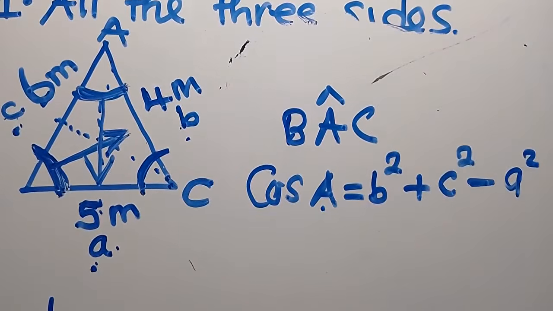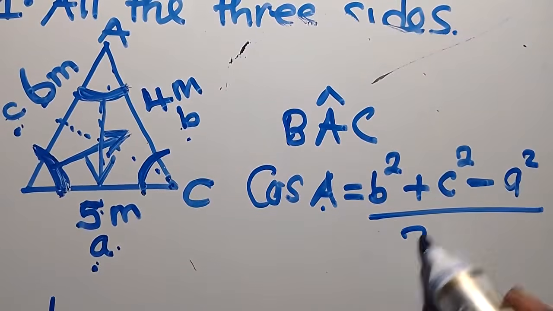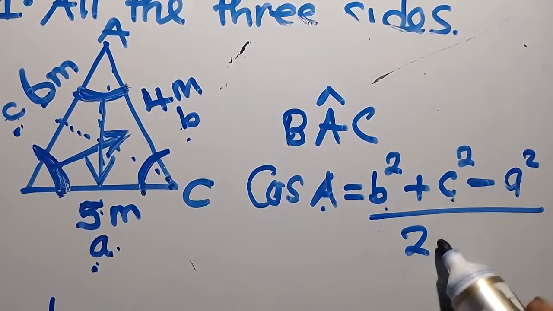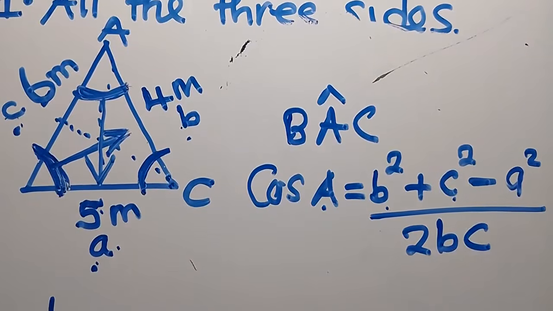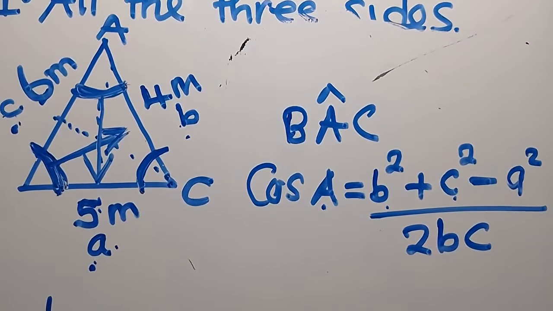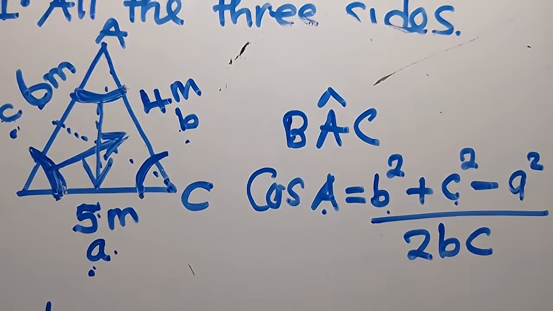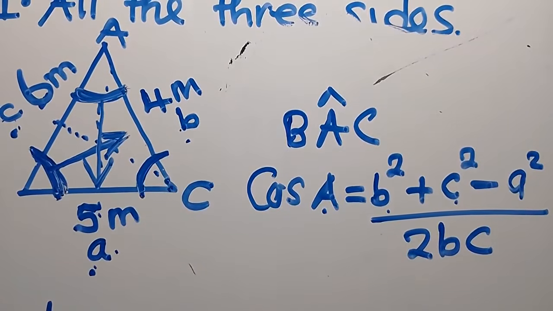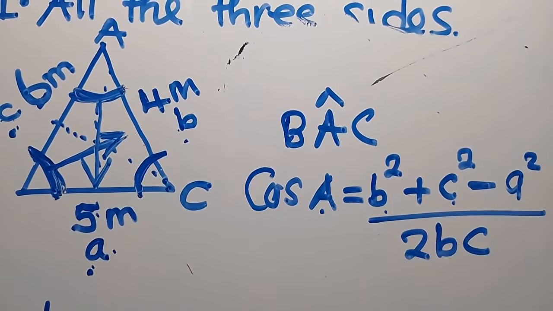Have you seen? Minus A squared. Then you say over 2BC. This is the formula you are going to use. Then you just substitute in the formula. This is what I want you to understand.